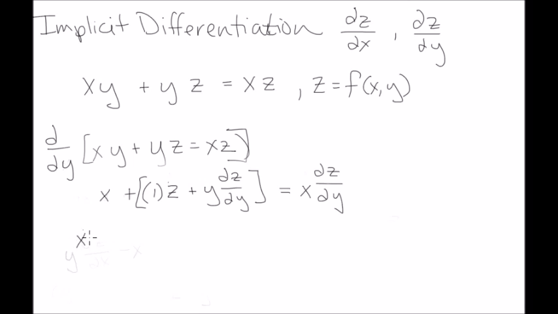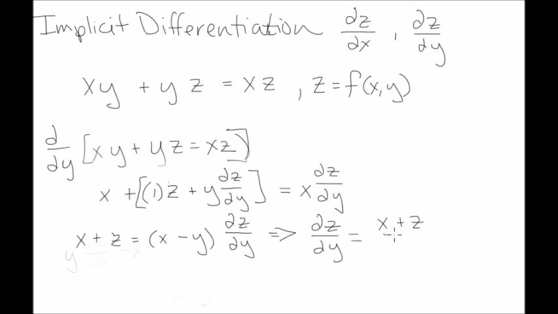I get y plus z is equal to, and I'm going to do the factoring in the same term, dz/dy times (x minus y). Notice that the minus comes from me moving this term to the other side. Final step, I need to take dz/dy by itself, so I'm going to divide both sides by x minus y. So I get (x plus z) over (x minus y).